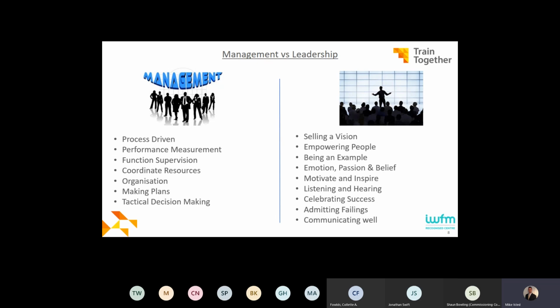Leaders are everywhere. The best leaders have led when they had no one to lead. So leadership is everywhere. It's not hierarchical. And some of the best leaders are in the lower to middle grounds, certainly in the operational areas.